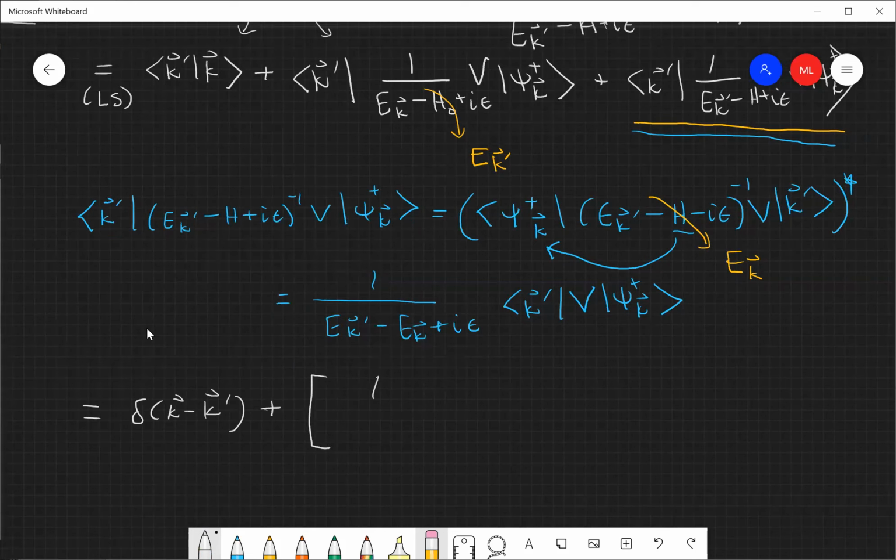And then we have 1 over E k vector minus E k prime plus i epsilon.